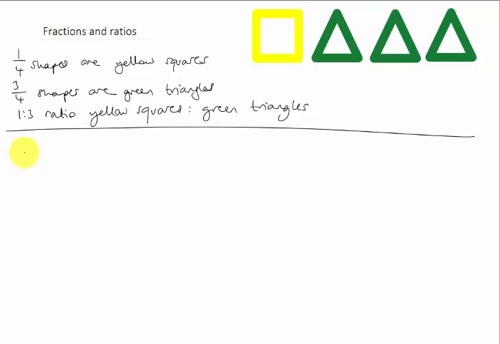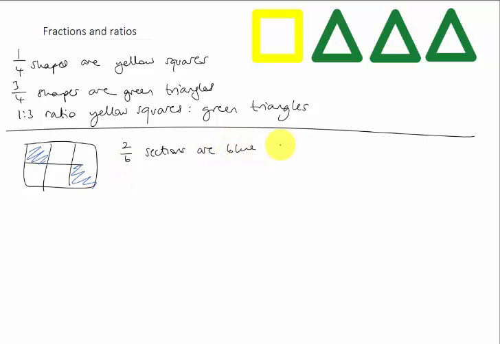So we could also say, so let's imagine we've got something like that, and yes, we could say that 2 out of 6 of the sections of this rectangle are blue. We could also say that's equivalent to saying that 1/3 of the sections are blue, because we've just simplified the fraction.